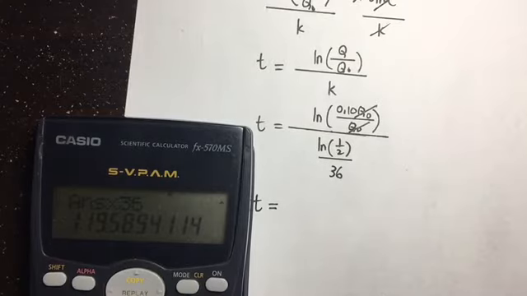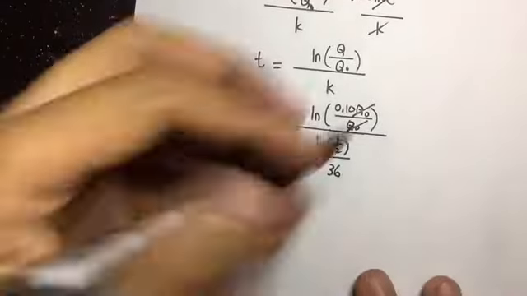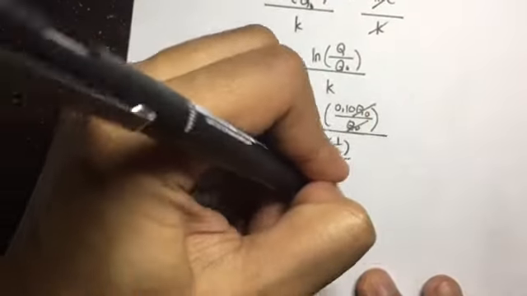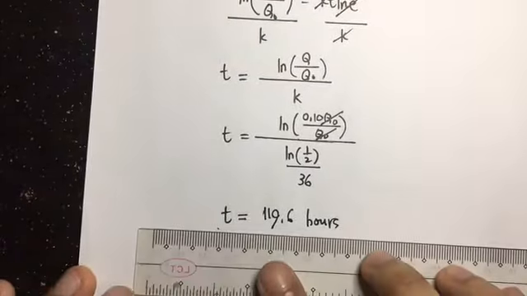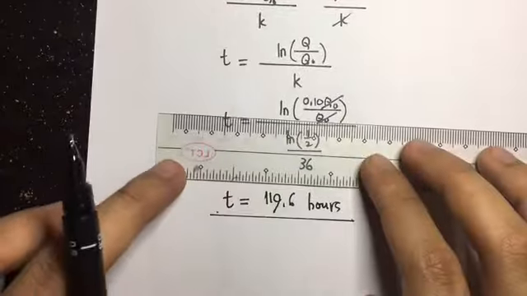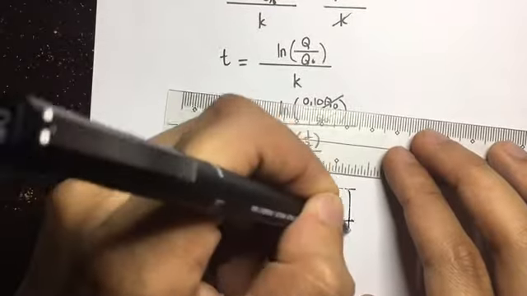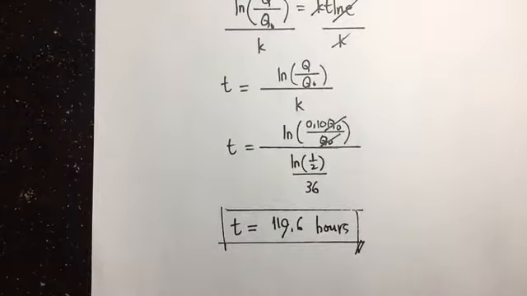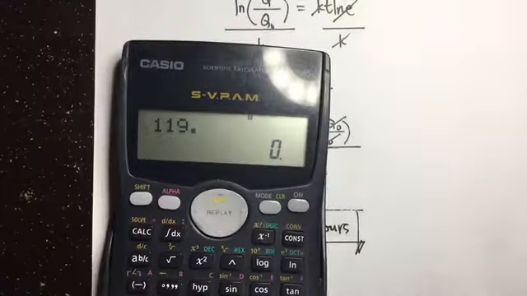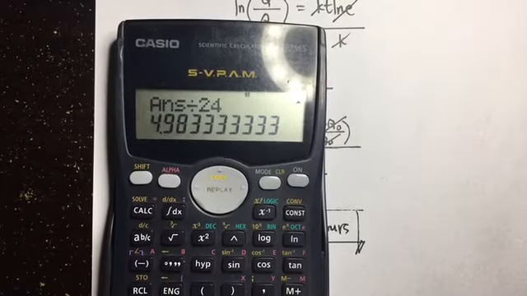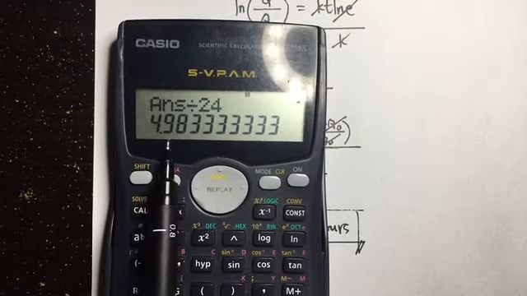So the answer should be around 119.6 hours. So after 119.6 hours, 90% of the radioactivity has dissipated already. 119.6 hours divided by 24 is about 5 days.